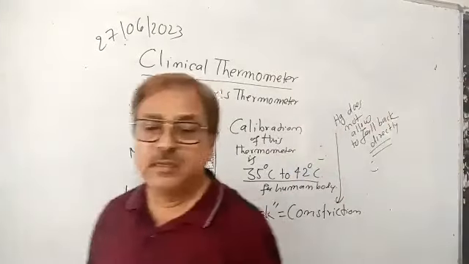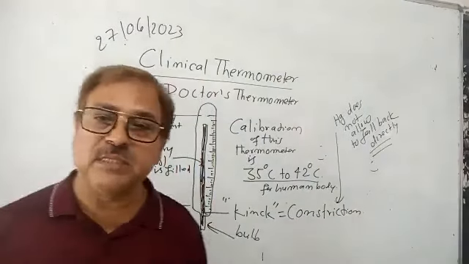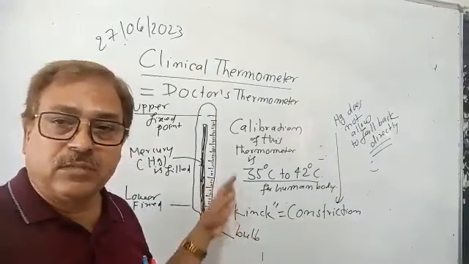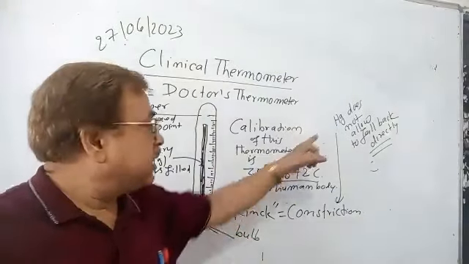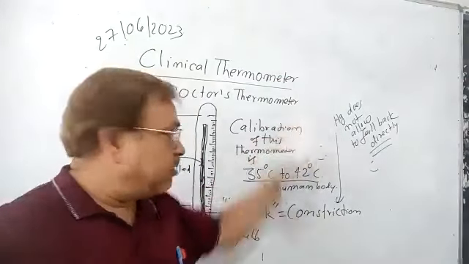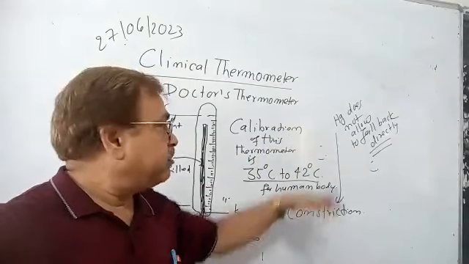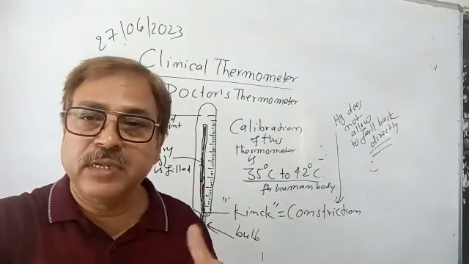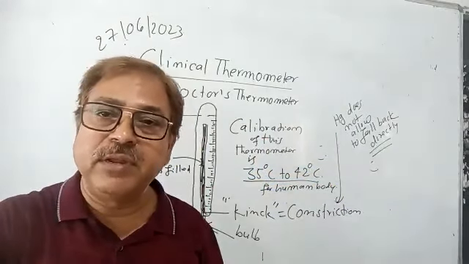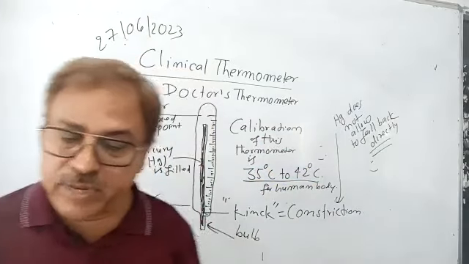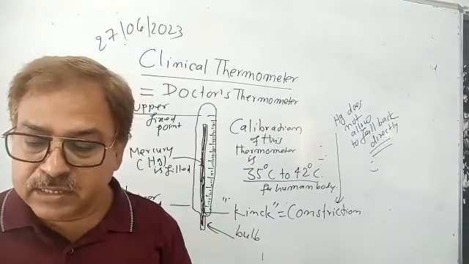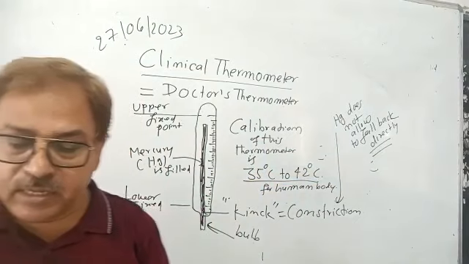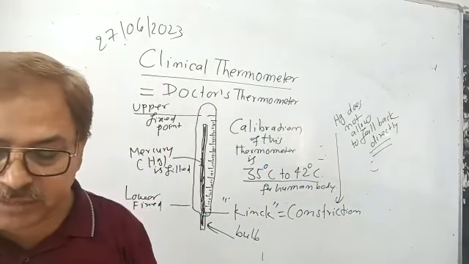Once the mercury level rises up due to thermal expansion, from the heat supplied by the human body to the bulb, this rising of mercury does not fall back directly to the bulb, and we can easily read out the temperature indicated by the level of the mercury in the thermometer. So this is the method. The kink has this role, and the reading can be taken conveniently with its help.